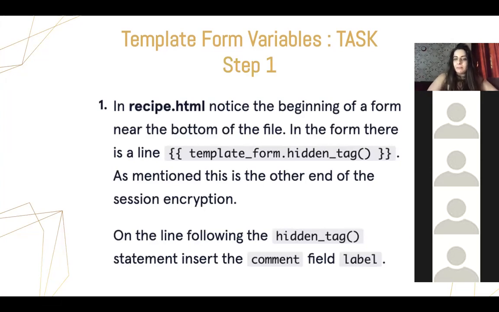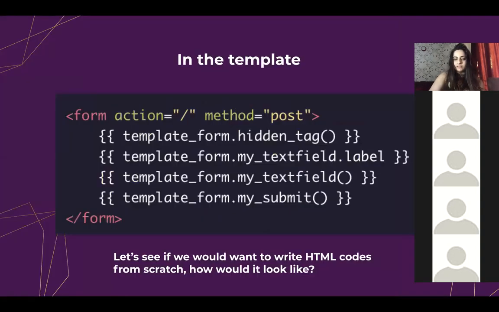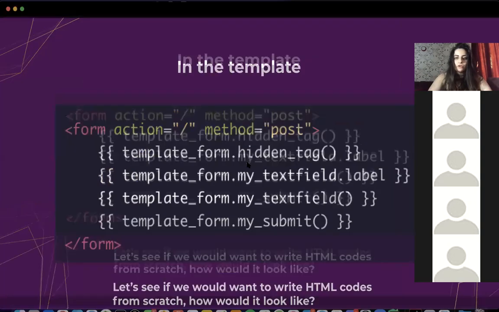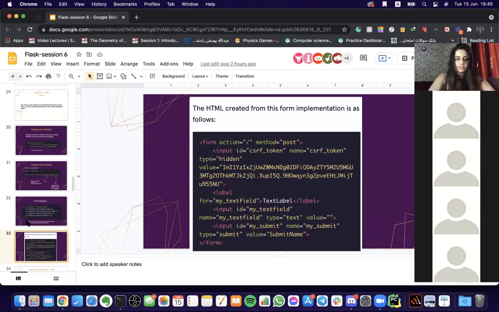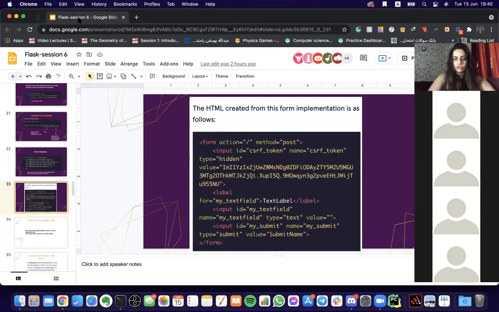In recipe HTML, we have to go to the form tags, and we see something like template form hidden tag, and we now have to insert the comment field label, exactly like this one, but with the variables we created before. So let's all go code together. I'm going to mute myself, so no distraction.